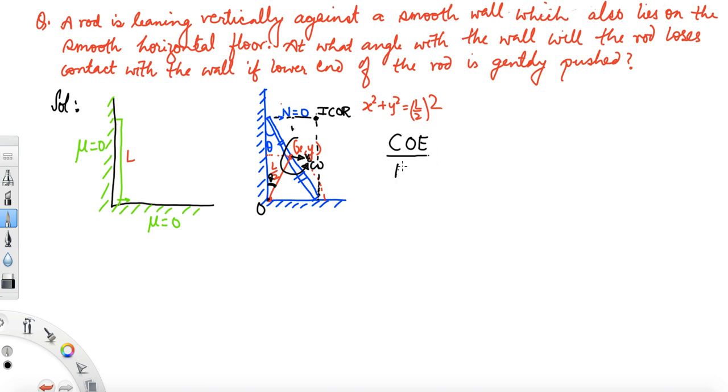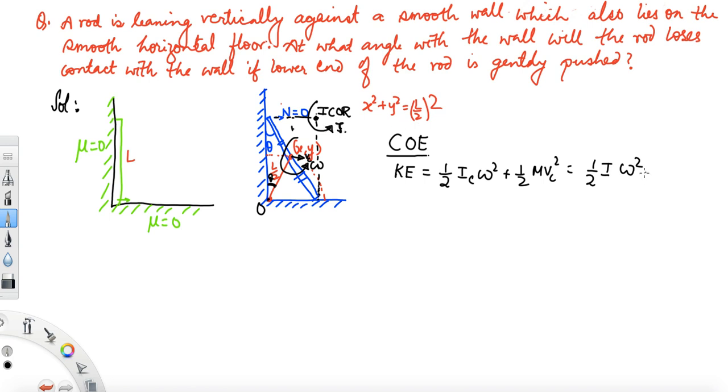So you can write the kinetic energy of the rod is equal to half I c omega square plus half m vc square, or directly you can write half I omega square. I'm taking I about this ICOR.